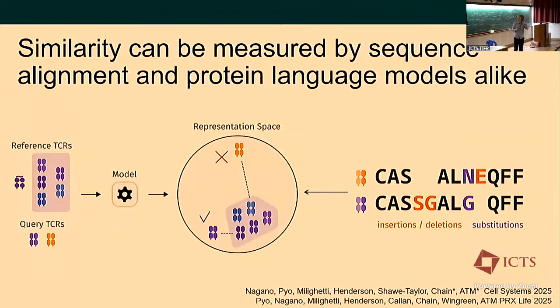And so first off, there's two different ways you might want to go thinking about this. One thing is that what we did so far is we did sequence alignment, but what you might want to do instead is take your receptors and embed them into some representation space, and then measure distances in that representation space.